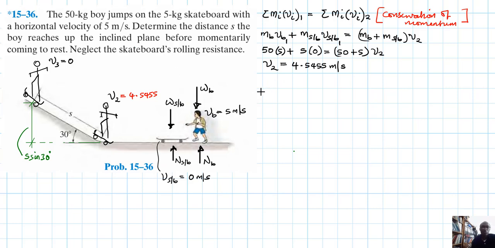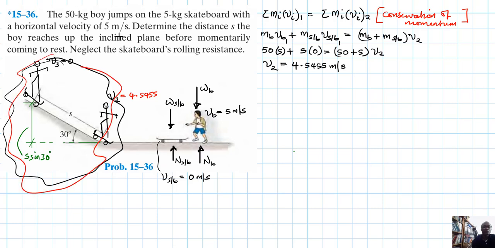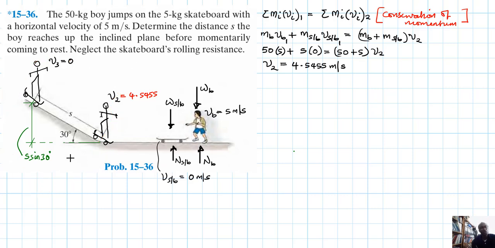So once we found this, we are now on this part. There are a number of ways we can solve this. We can use kinematics, or we can use the conservation of energy, because all the forces participating here are conservative forces.